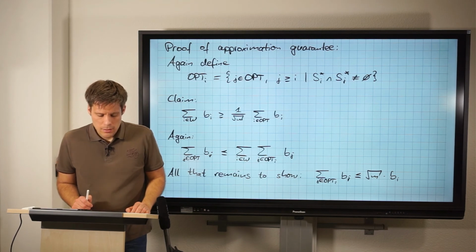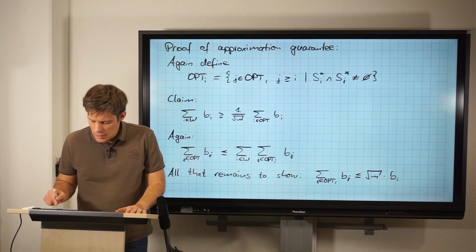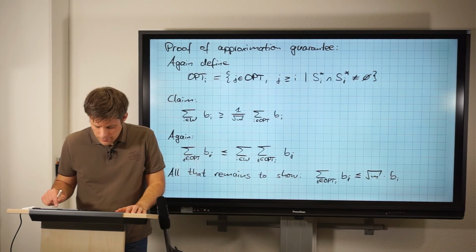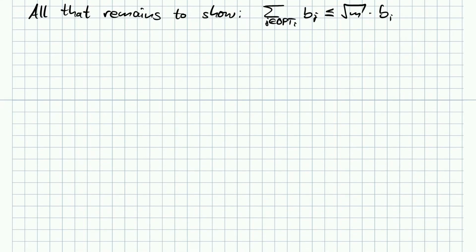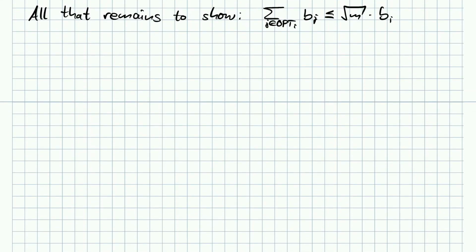Good. Let's see why this is true. What do we know if j is in opt-i?